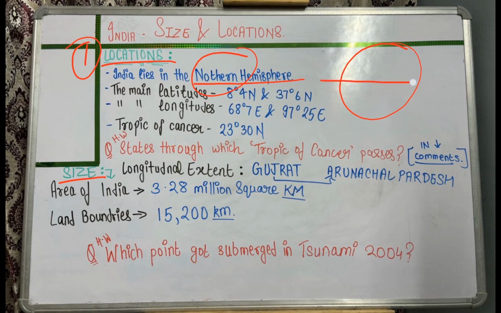If this is the center line, this would be the northern hemisphere, because this is north, this is south, this is east, and this is west. That's why this would be the northern hemisphere and this would be the southern hemisphere. It is very easy to understand, and we have already learned this in our previous classes also. I hope that you must be remembering it.